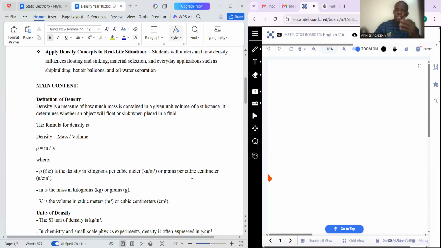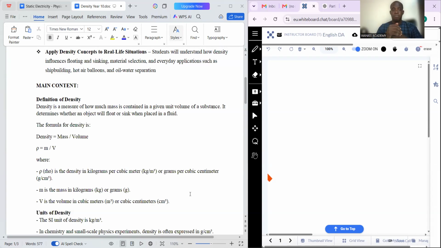What's the definition of density? Density is defined as a measure of how much mass is contained in a given unit volume of a substance.